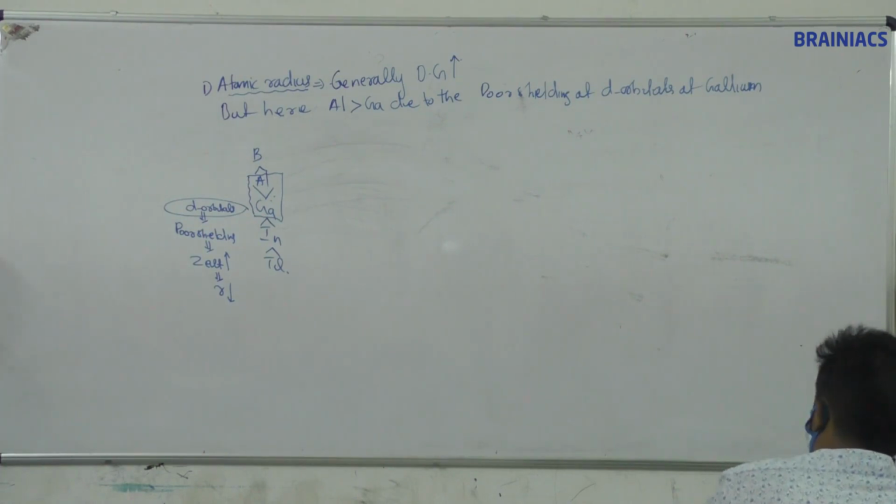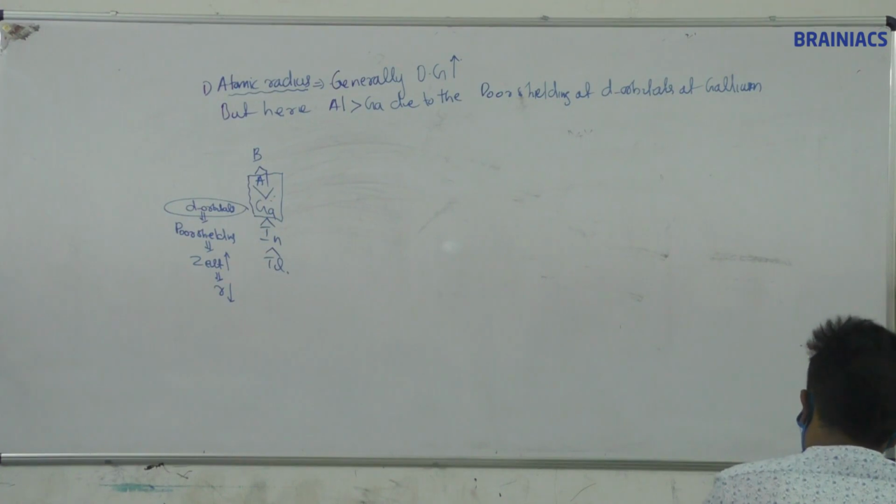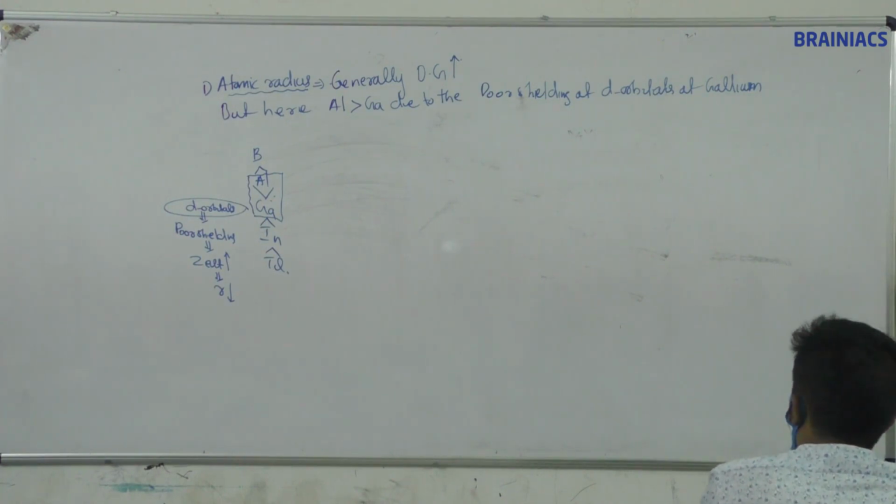D orbital poor shielding, effective nuclear charge increases, radius decreases. Effective nuclear charge Zeff.